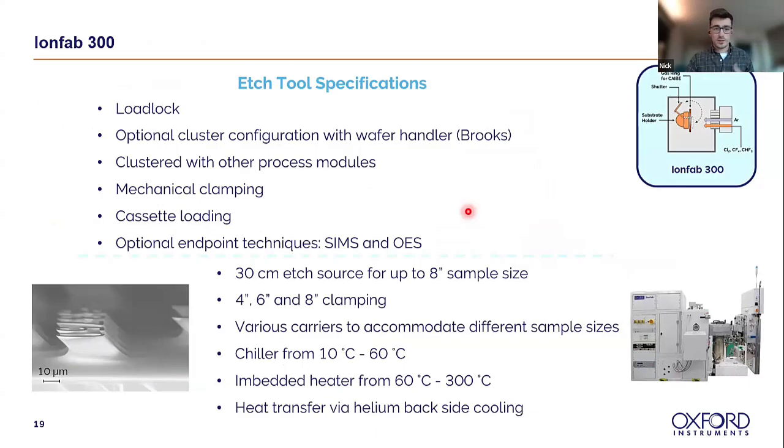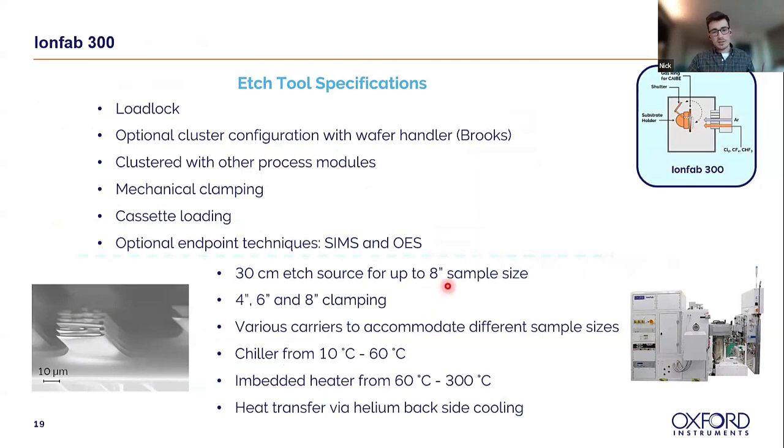This is just a little bit of the specification of our tool, but I won't dwell too much on this because there are other ion beam etching systems available. So you don't have to just use our system, although I think it's the best. You can see one of the pictures of the tool down here. We process up to 8-inch samples with mechanical clamping, and we can cluster as a cassette.